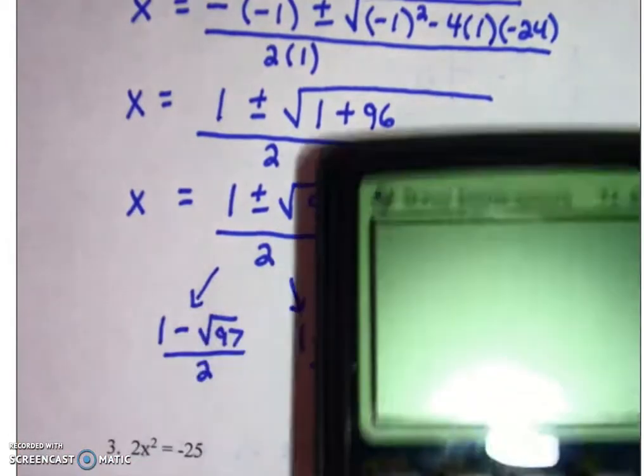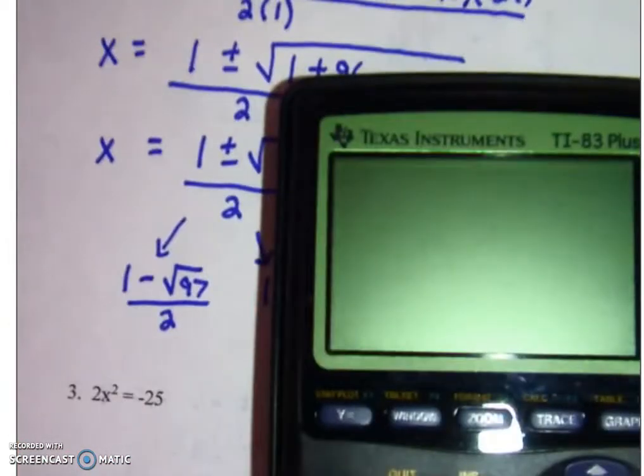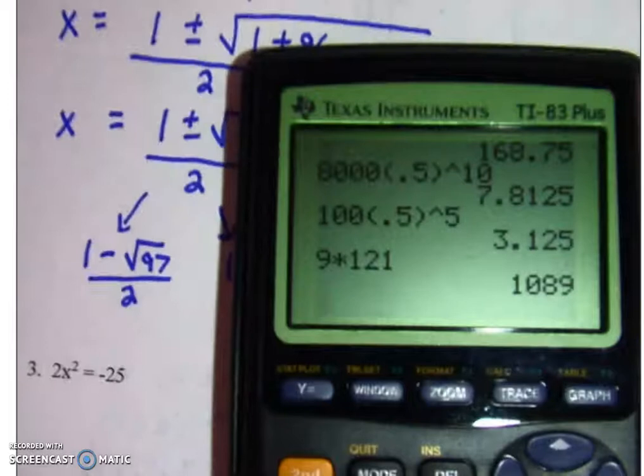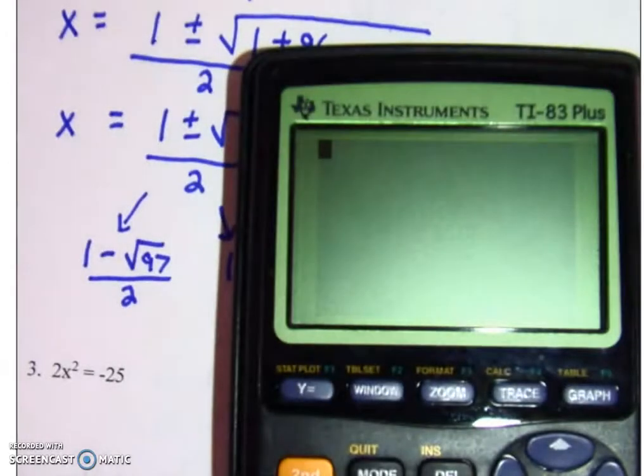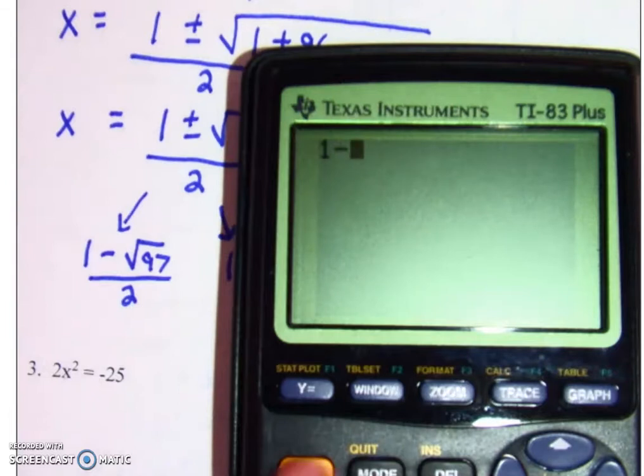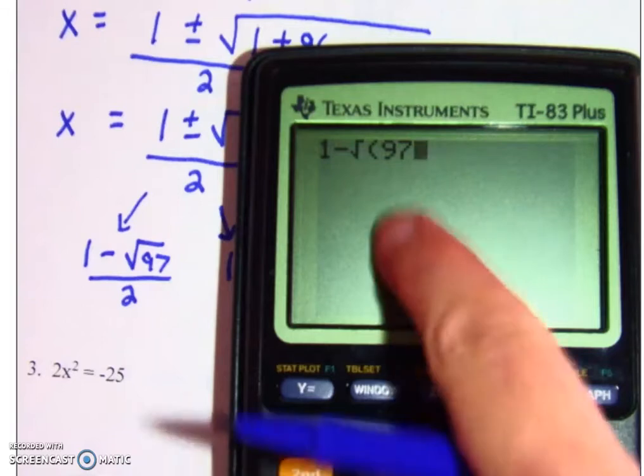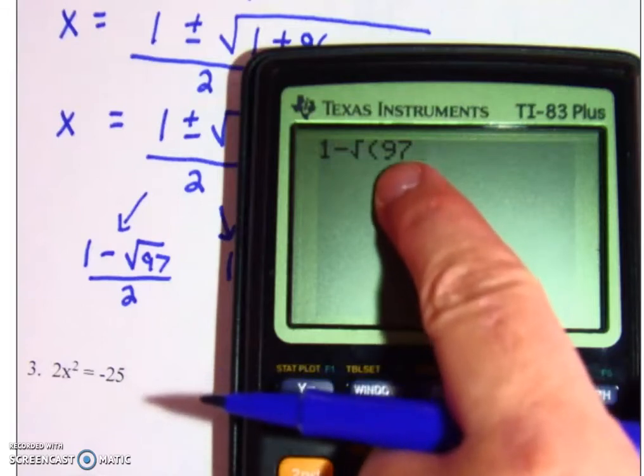Okay, so if you're using the graphing calculator, this is important. Let's clear this. So you have 1 minus the square root, so second radical sign, 97. It is important to hit enter, because if you don't and you hit divide by 2, that means you're only dividing the radical 97.